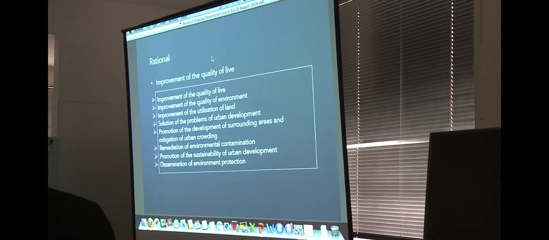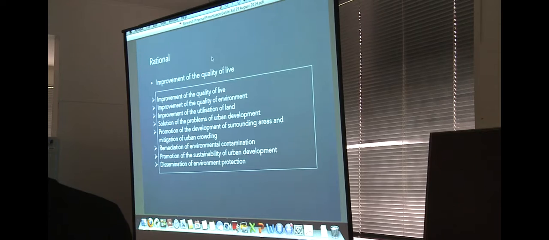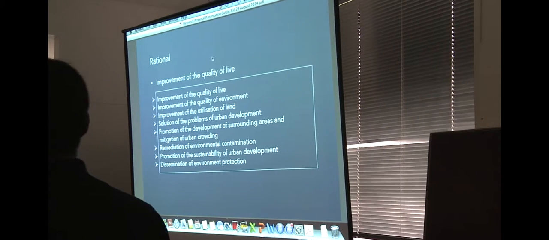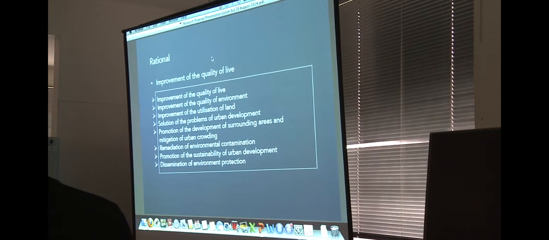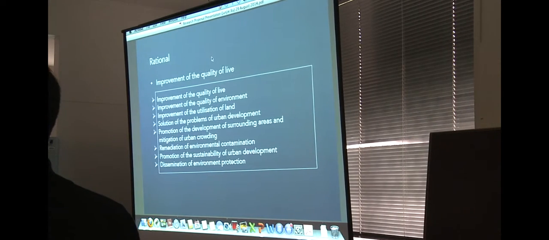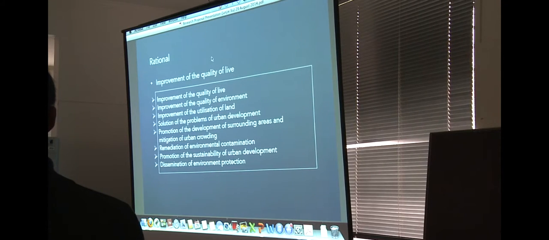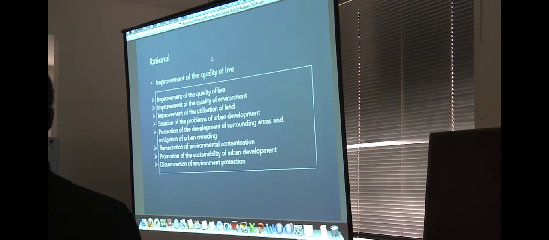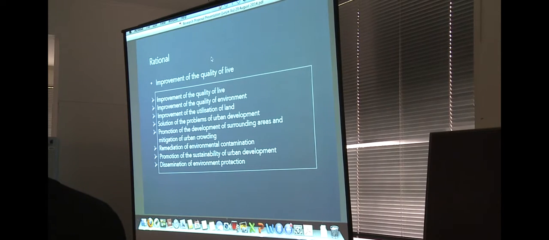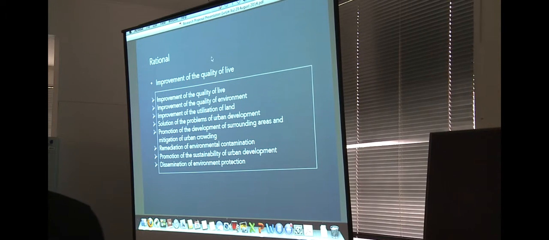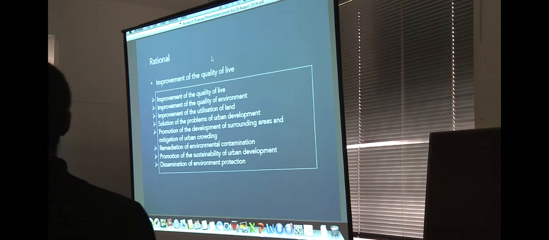People are the most important thing to be concerned about, as all things revolve around people's lives. So I try to improve the quality of people's lives by developing a brownfield site to achieve this goal.